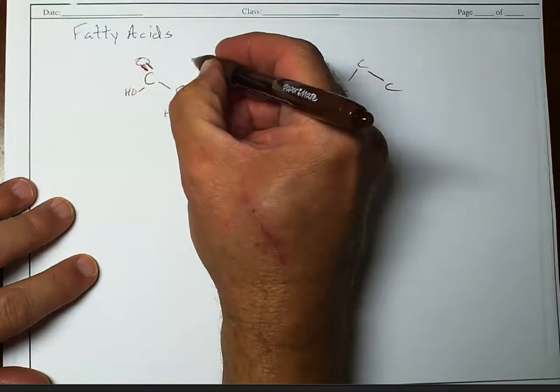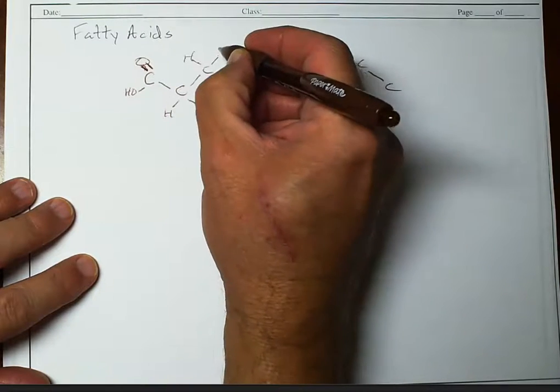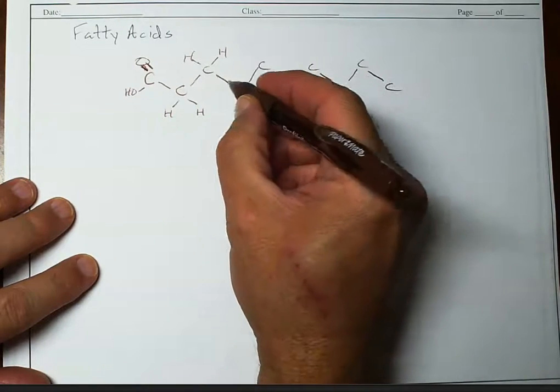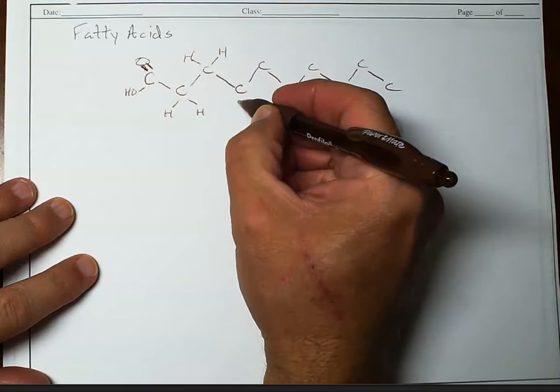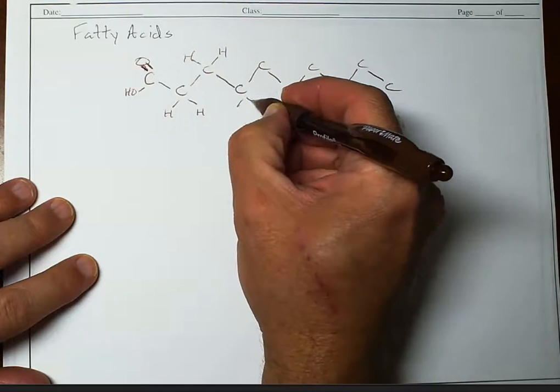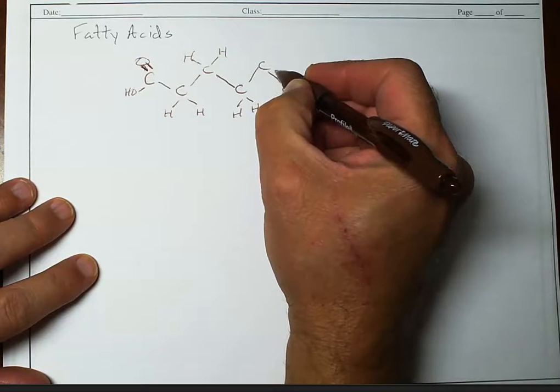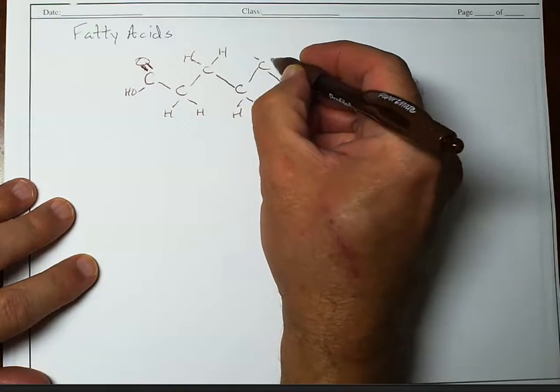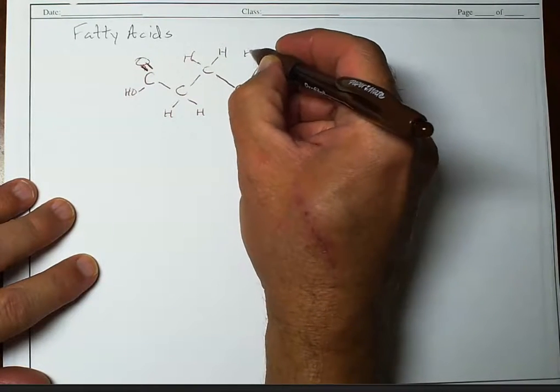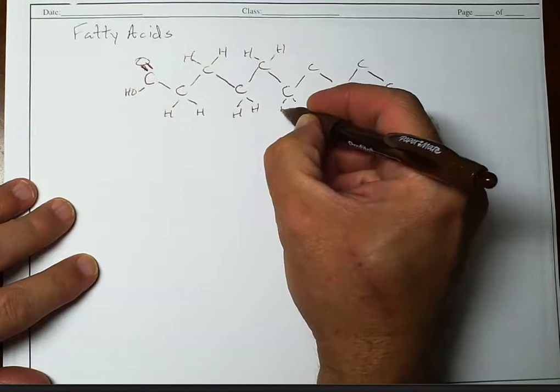Same thing with this carbon. It needs 2 more. It'll have 2 hydrogens. This one only has 2 bonds, so it needs 2 hydrogens. Here too, 2 bonds, so it needs 2 more bonds. 2 hydrogens. I think you're getting the picture.